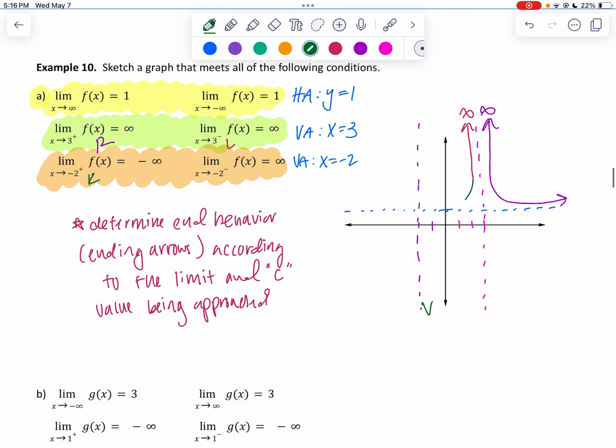So I can go and finish this branch. Boom, negative infinity. And as x is approaching negative 2 from the left, we're going towards positive infinity. So then there's my other arrow going towards positive infinity, and then I'm following the asymptotes. And that's how we graph our functions.